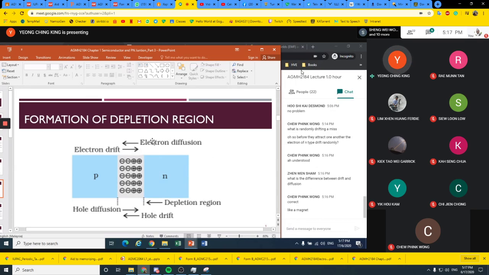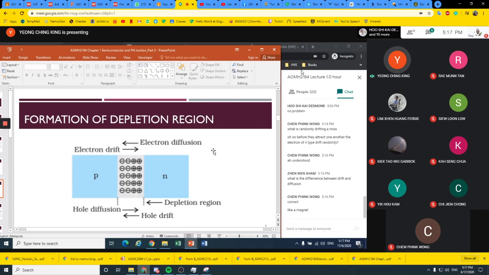So we have to understand what this depletion region is. The term depletion refers to the fact that the region near the PN junction is depleted of charge carriers, that means the electrons and the holes, due to diffusion across the junction.